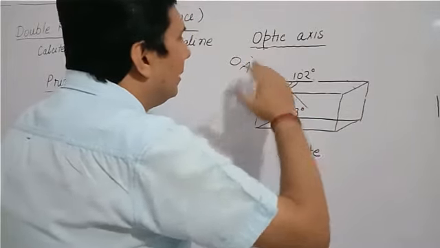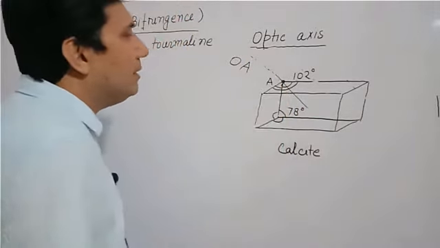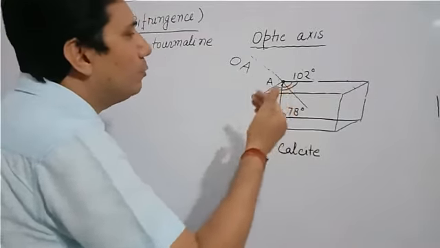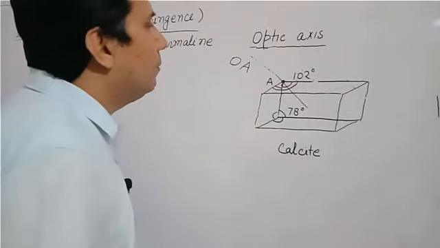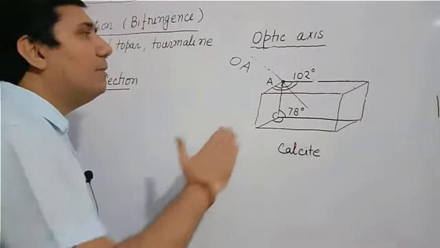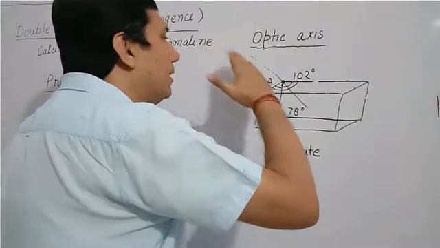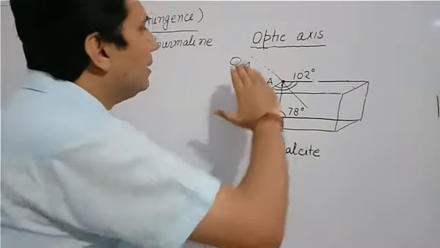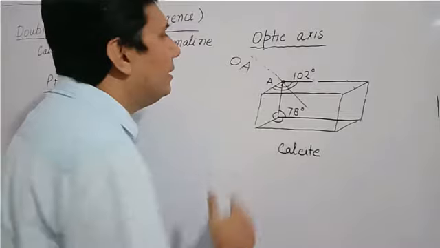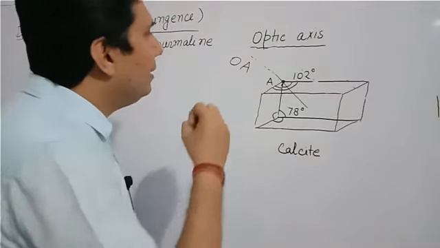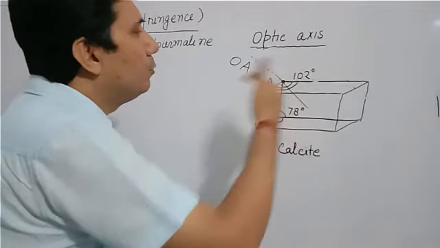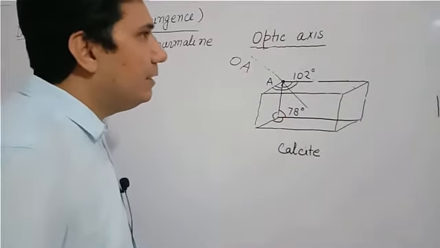in such a way that it becomes perpendicular to two opposite faces of this doubly refracting crystal. So we are imagining a plane which is passing through this optic axis. We are rotating this plane up to the point when this plane becomes perpendicular to two opposite faces.